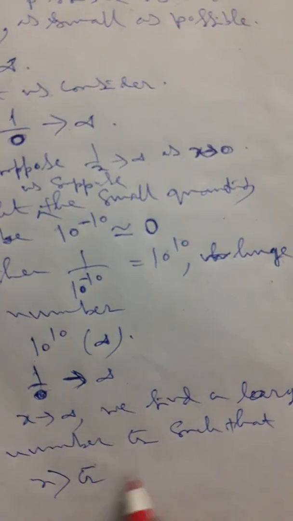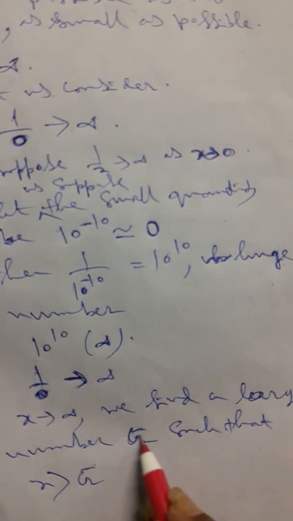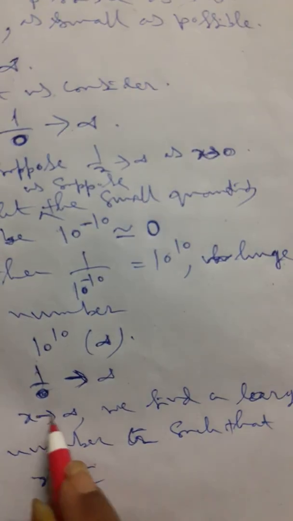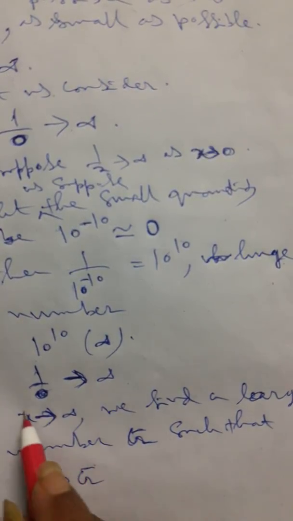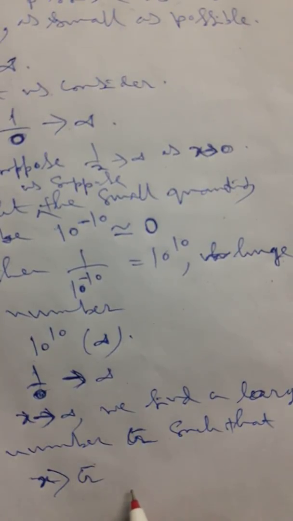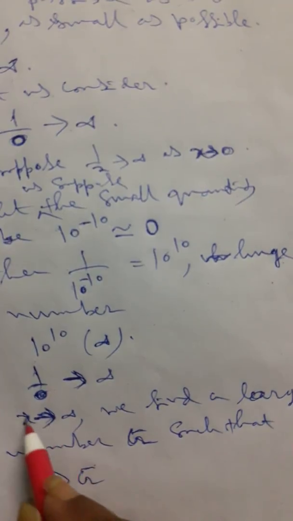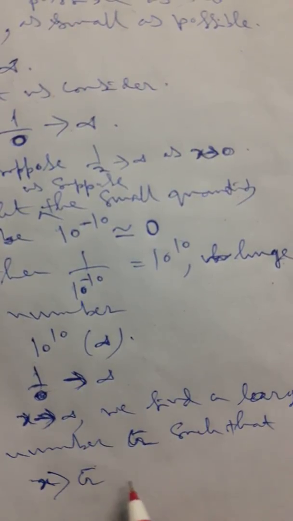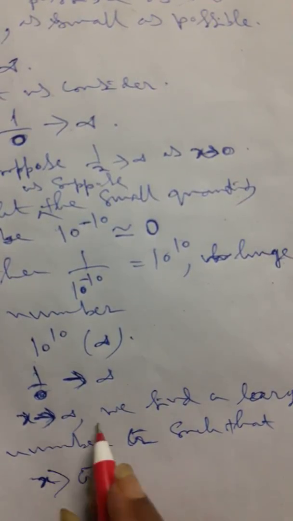That means G is a very large number, and if x tends to infinity, that means x is another number which is more than g. So x is another large number, and the actual quantity we don't know, greater than this large number, that's why we call it infinity.